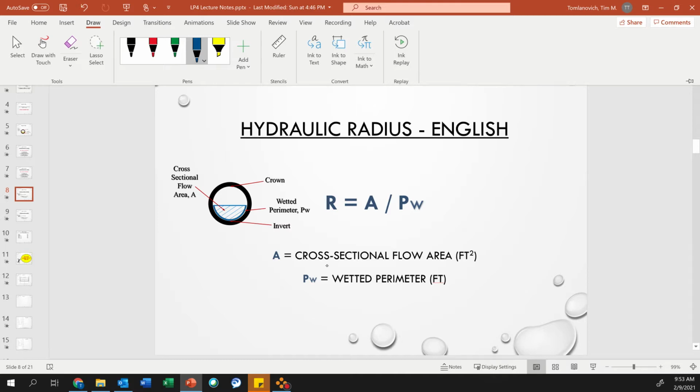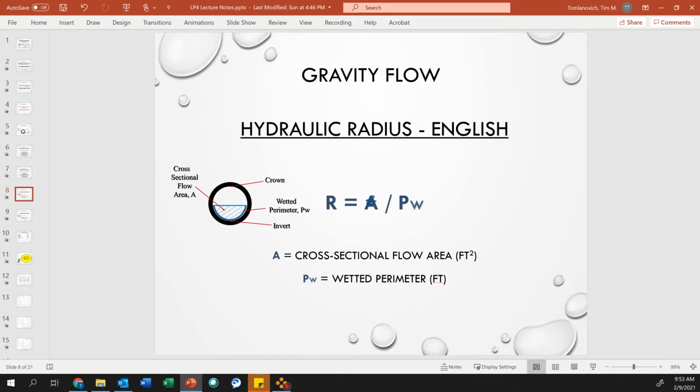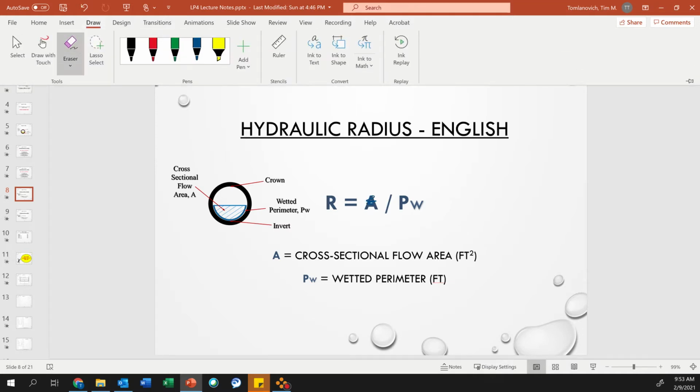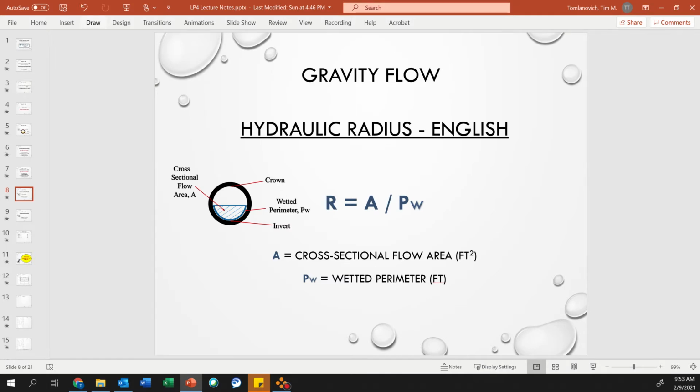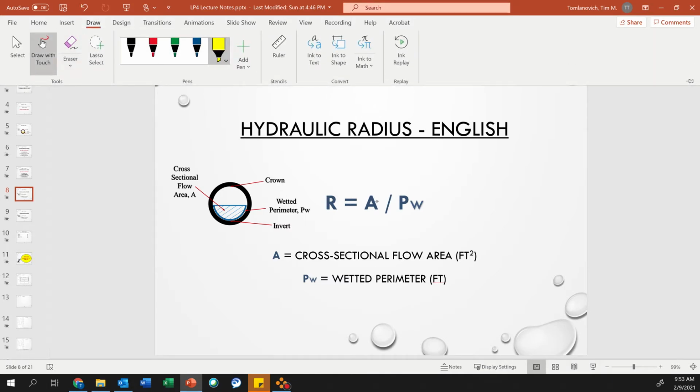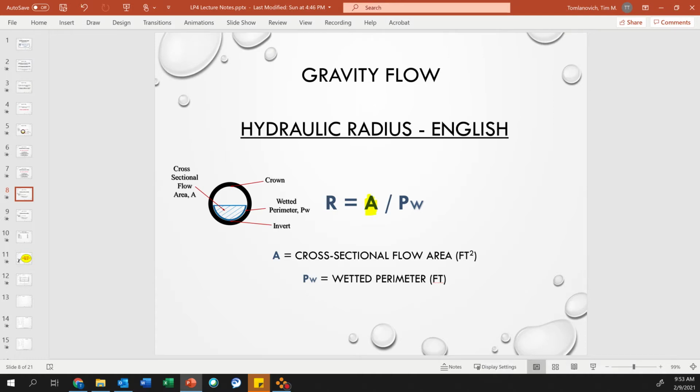All right, let's talk about the R terms. Hydraulic radius is the cross-sectional flow area, A, divided by the wetted perimeter. So I have square feet divided by feet, I get feet. The wetted perimeter again is just the surface touching the inside wall of the pipe, and the cross-sectional area of the flow is this.